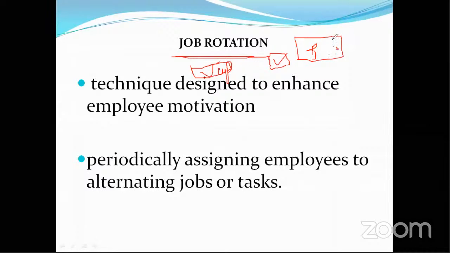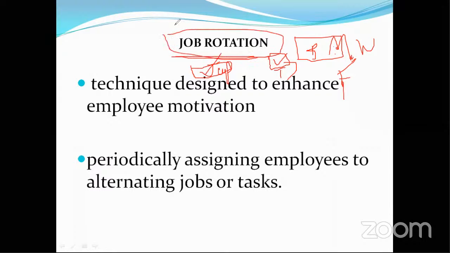So on Monday, Wednesday, Friday, if the job of the driver is to drive the bus, and on Tuesday he is asked to drive the van, and on the remaining days, Thursday, Saturday, if he is asked to drive the jeep, that is job rotation.